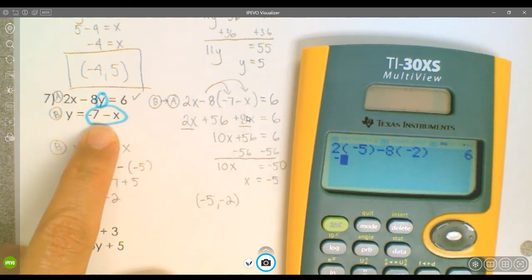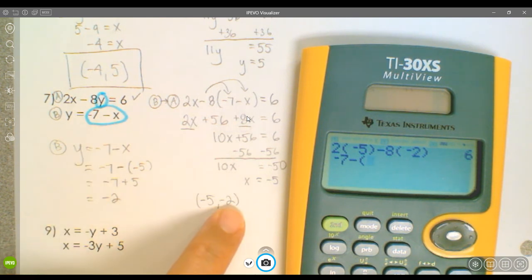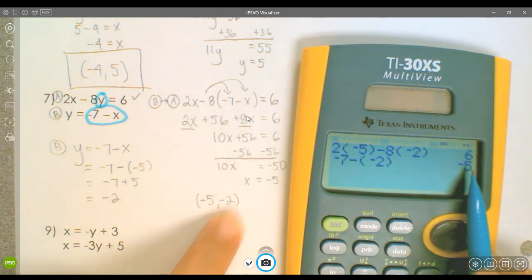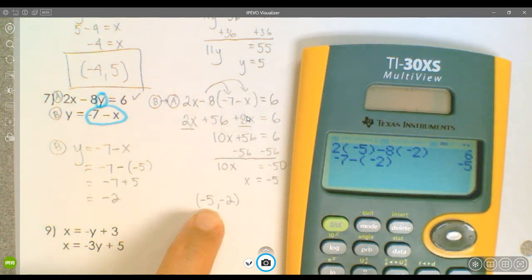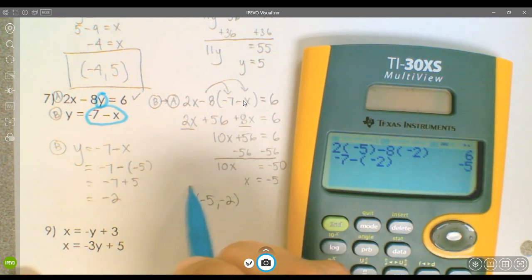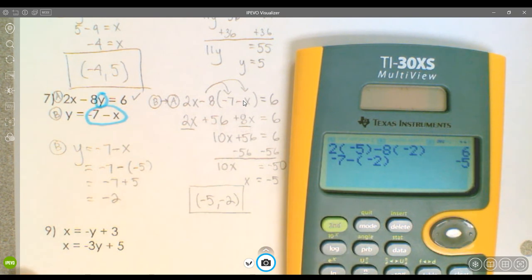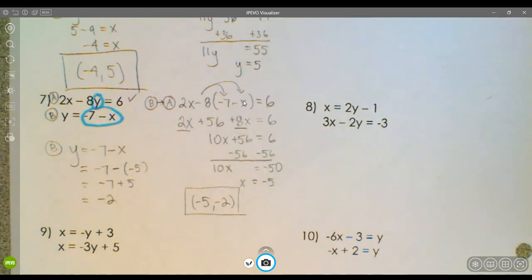Let's take -7 minus x. And x in this problem is -5, so I get -2. Does that equal -2? Yes, it does. So this is my right answer. All right, I'm good.